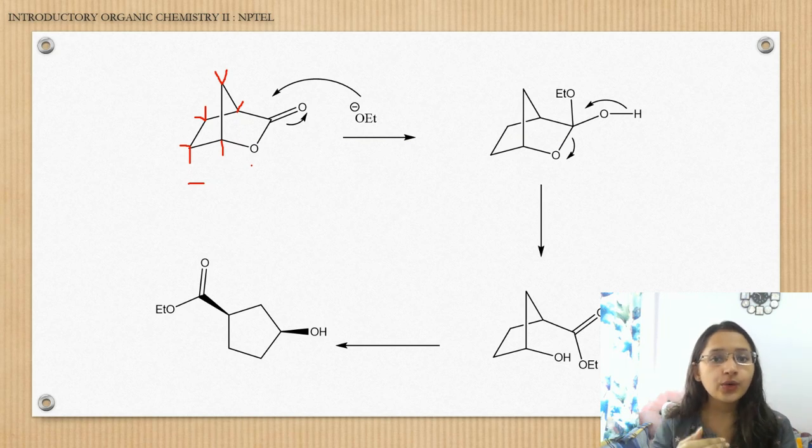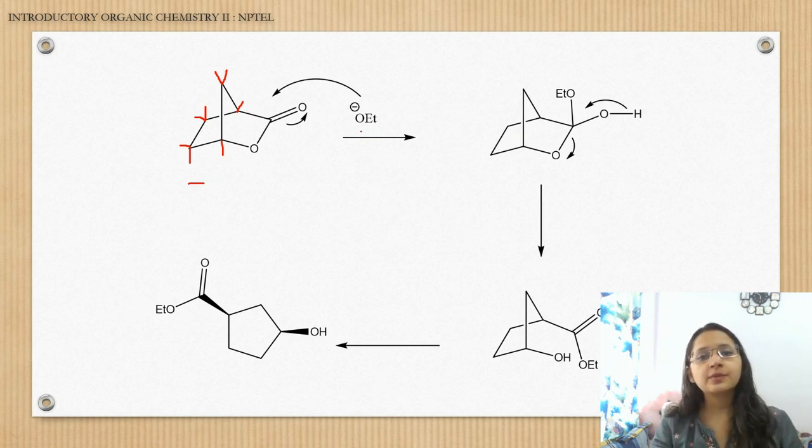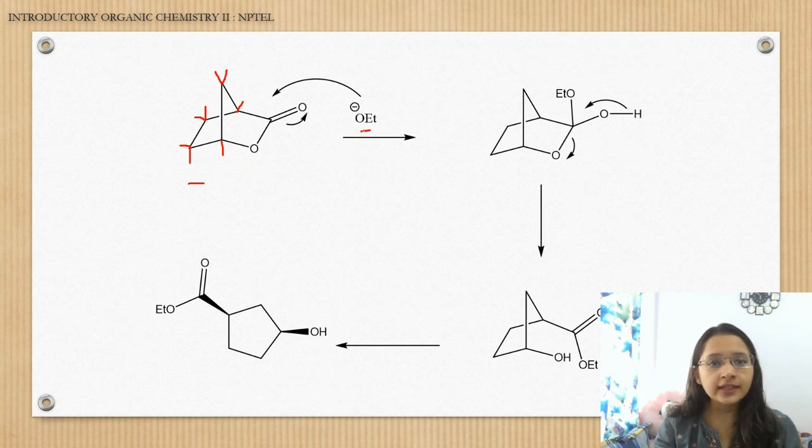So these hydrogens become acidic. Now the base can take up this hydrogen to form a carbanion. But in this case, there is no acidic hydrogen, so the base has no option but to act as a nucleophile only, right?